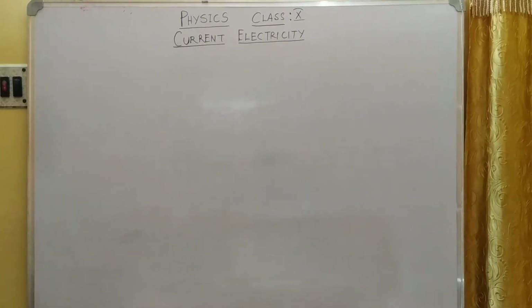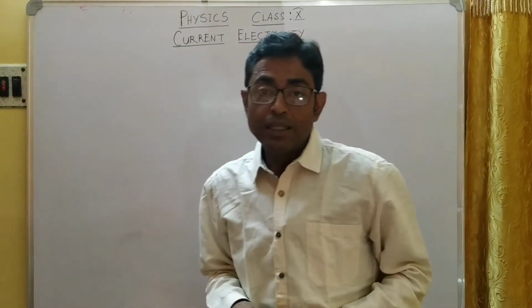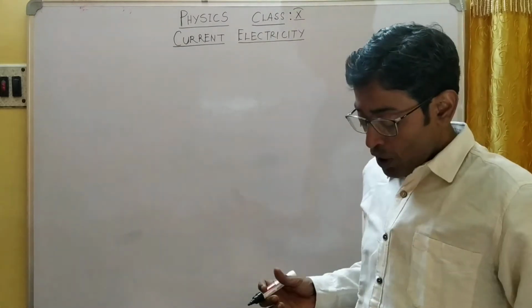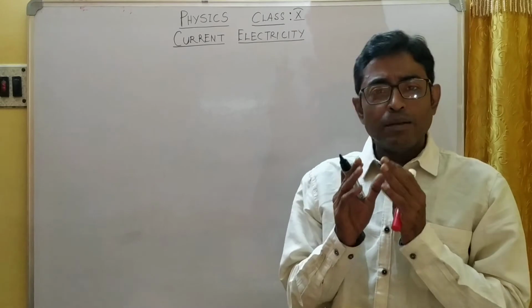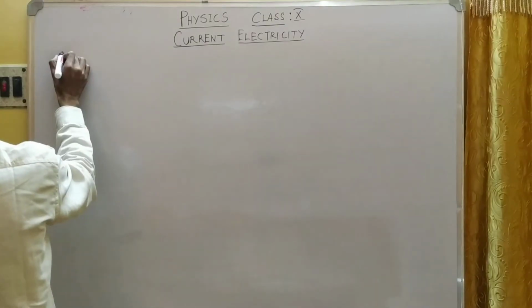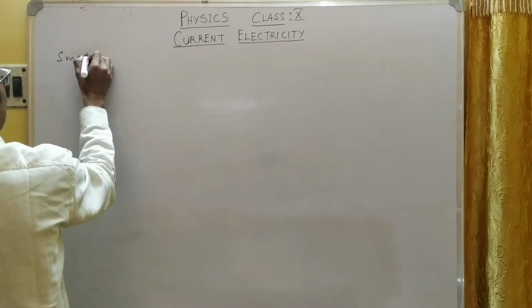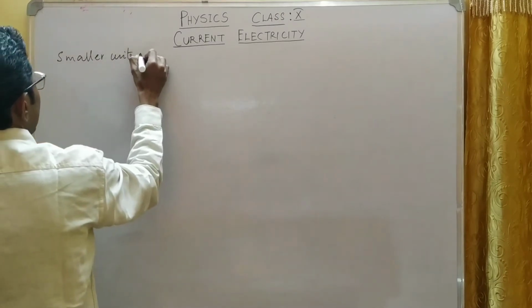Now there are a few smaller units of current. Remember, we have learnt about ampere. Now, smaller units of current, you have to know a little bit of everything part by part. So now I'll start with smaller units of current.